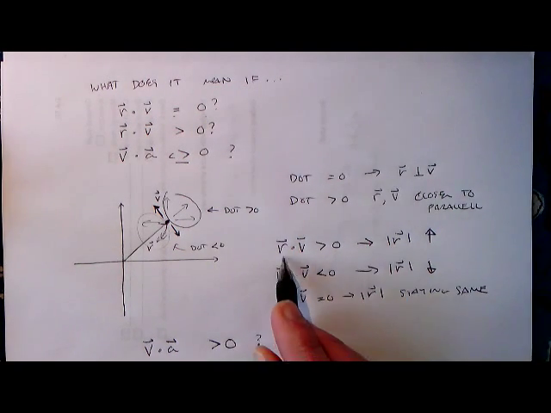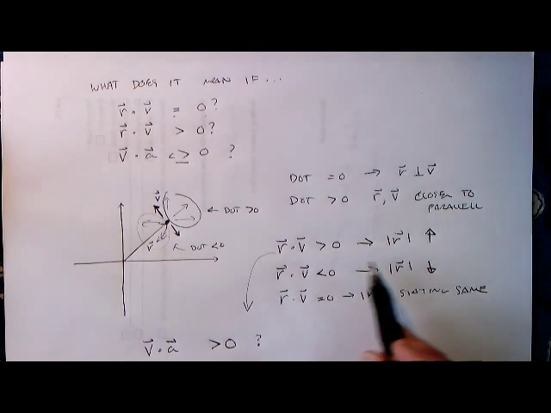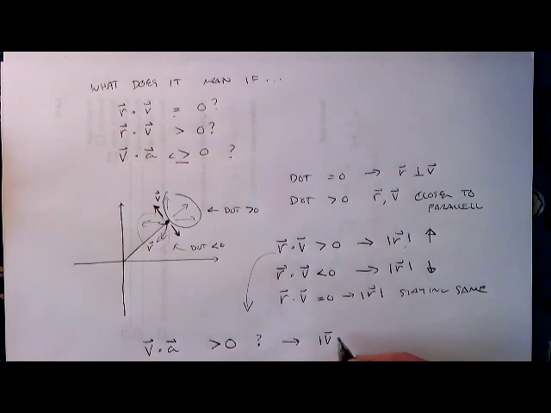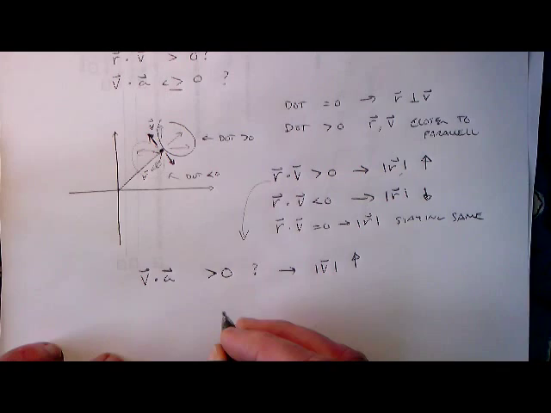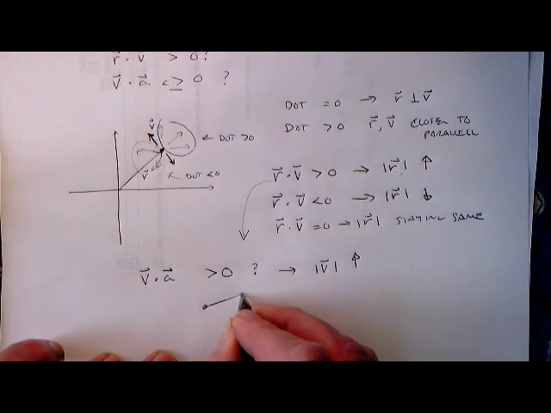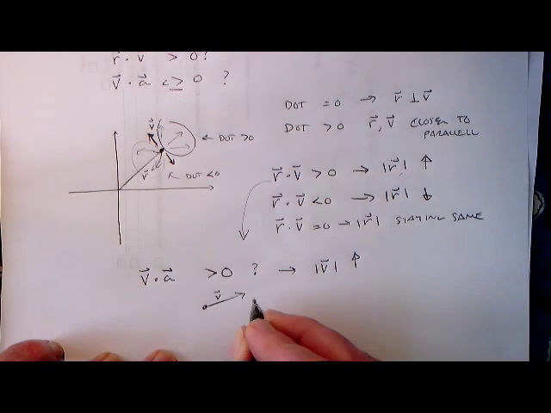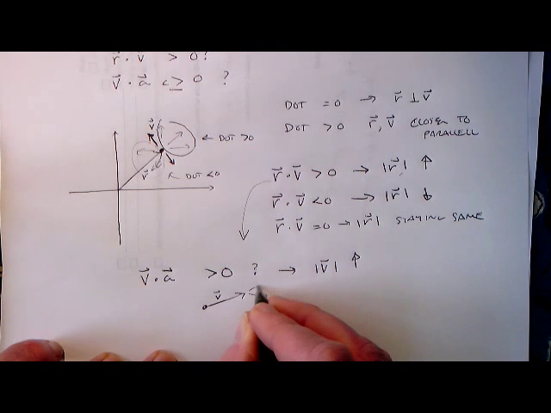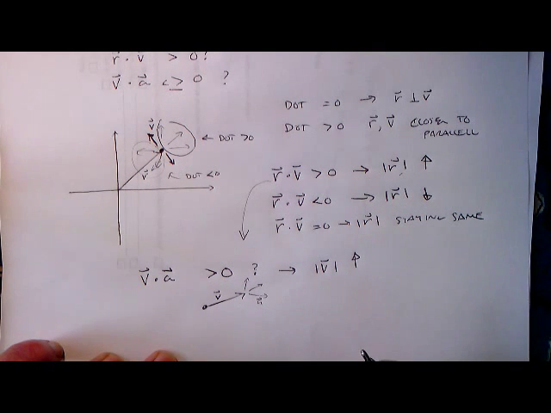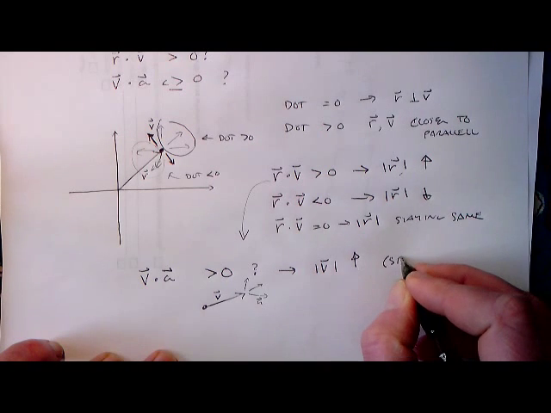If we simply make the transfer here, it means that the magnitude of the velocity is increasing. If you try to draw a picture, say I've got some object moving with some velocity, any acceleration that points partially forward yields an increase in speed. So the magnitude of velocity will increase.